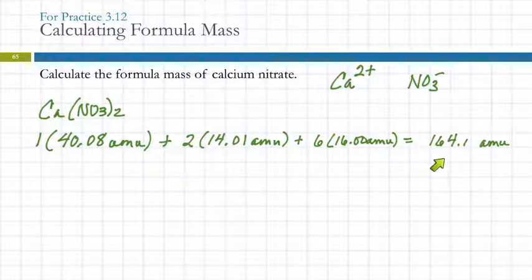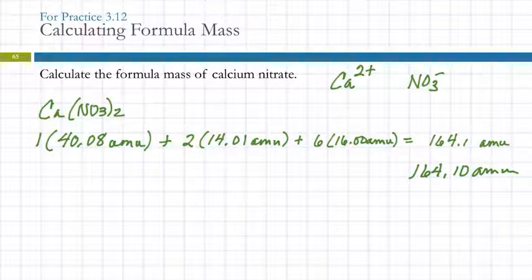We could argue about whether this number should have 2 decimal places or not, and I don't want to argue about that stuff. I could argue it both ways. In the problems that we're going to be doing, it's usually not the formula mass that is limiting the number of significant figures.